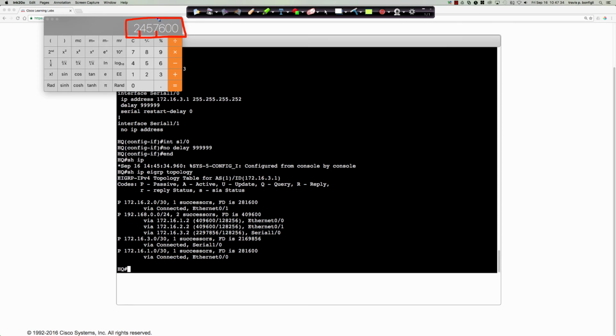And so the question is, when I put that artificial value, variance 6, in there, what that stands for is I'm saying that any feasible successor, because remember, in order to use the variance multiplier on a possible path for unequal cost multipathing, I'm going to artificially say that if there is a feasible successor who has a computed distance that is less than the computed distance of the current successor times the variance multiplier, then they can participate in unequal cost multipathing.